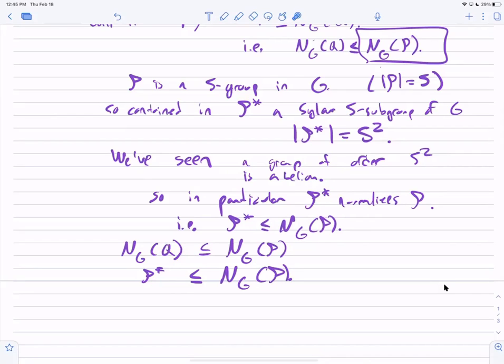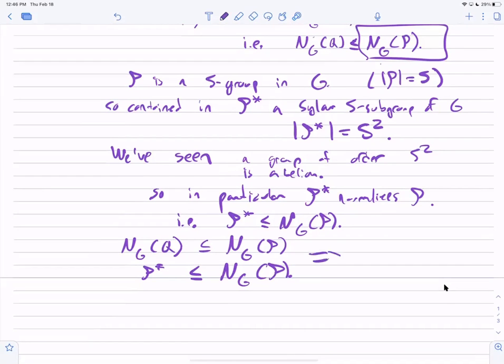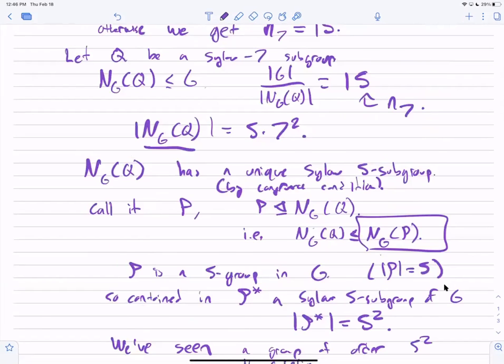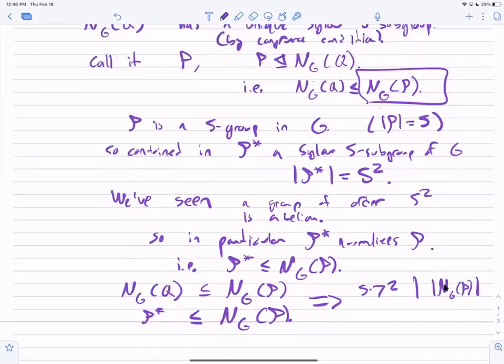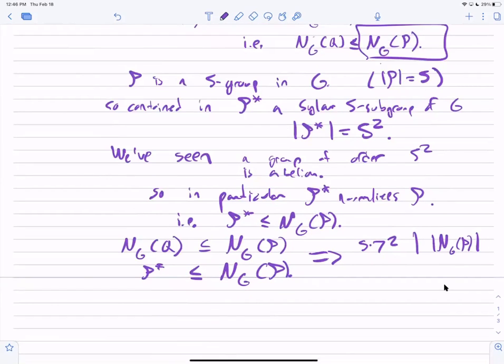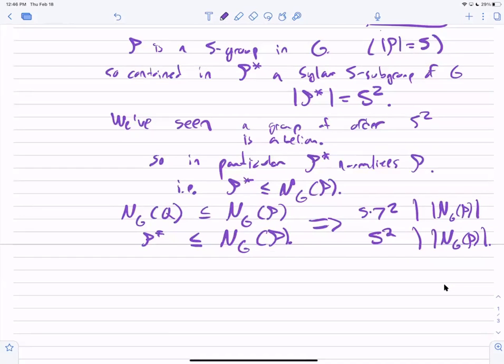The second one is because P is contained in P star and P star is abelian. So the size of the normalizer in G of Q was 5 times 7 squared, and this divides the order of the normalizer in G of P. P star had order 5 squared, so this also divides the order of the normalizer in G of P.